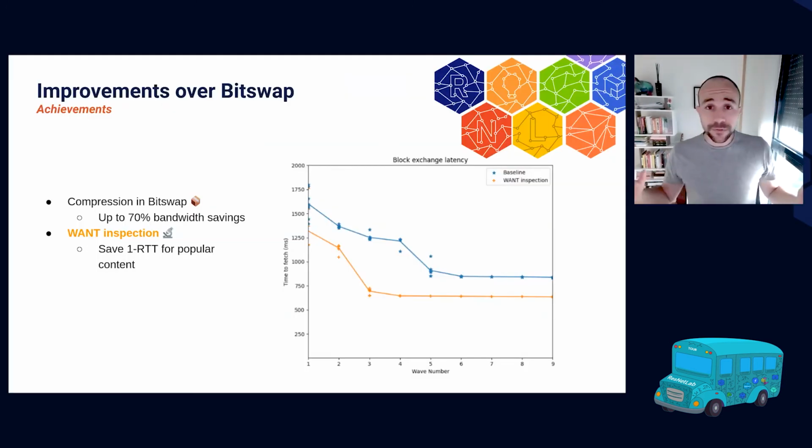We did a bunch of tests in our testbed in order to see the performance of this prototype. And what we realized is that our assumptions were correct, and we were saving one RTT for popular content. In order to simulate popular content, we did a test in which, instead of all of the leechers trying to find the content from a single seed at the same time, the leechers tried to find and fetch the content in waves.